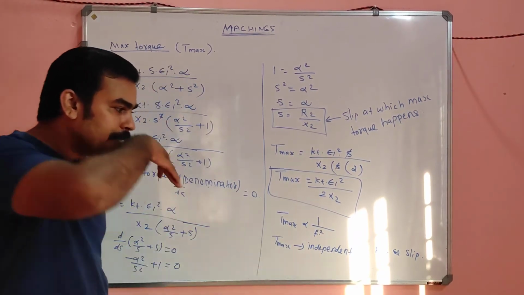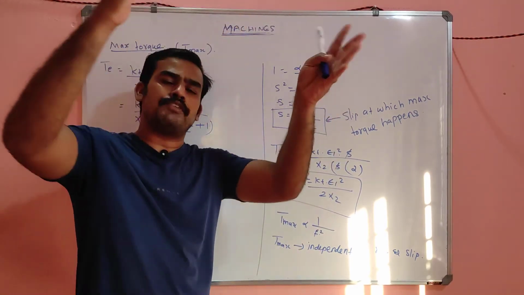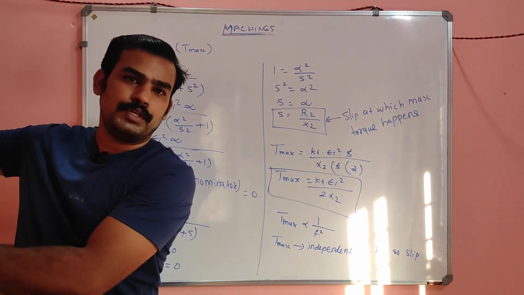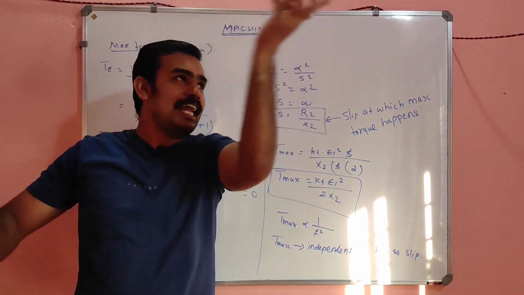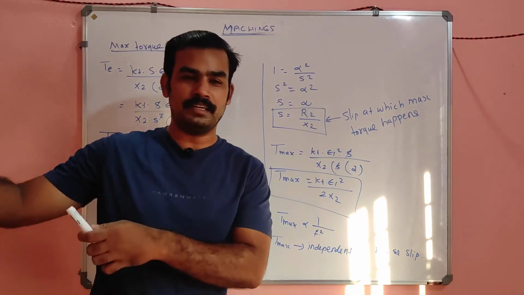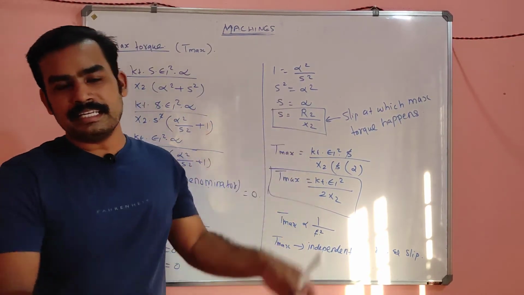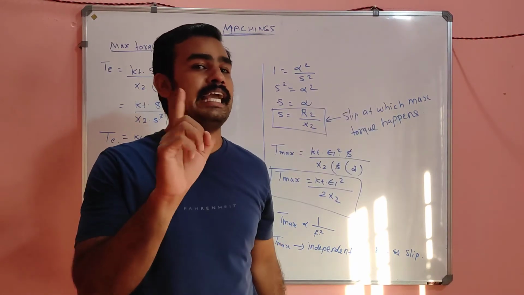T max is independent of R2 and slip, which means for many slips you will get a constant T max all the time. The value of T max will not change if you vary the slip, increase or decrease it, or if you vary R2, increase or decrease it.